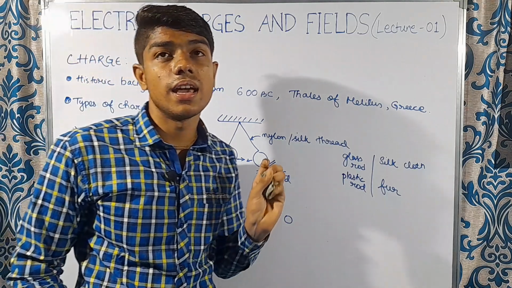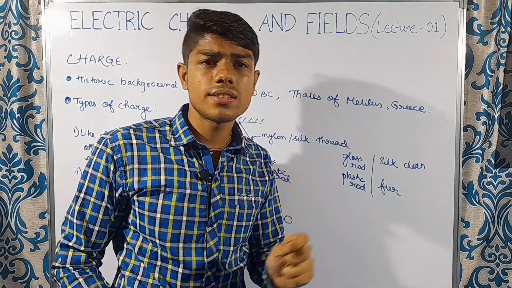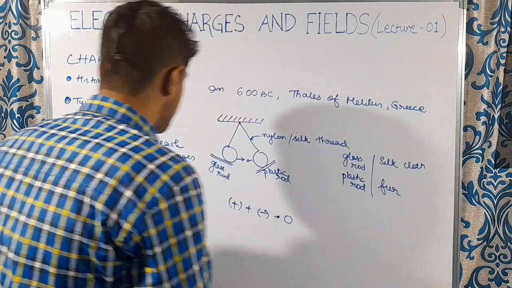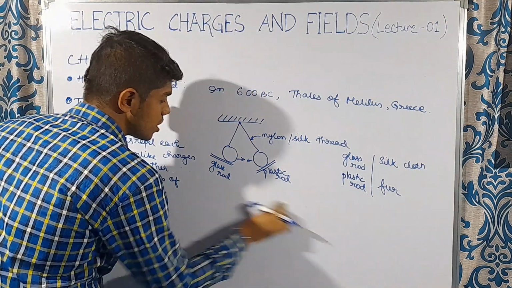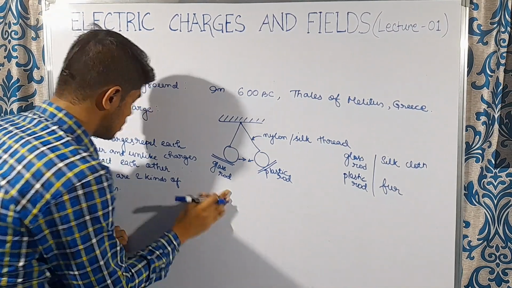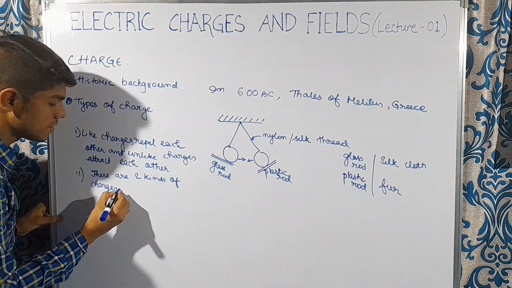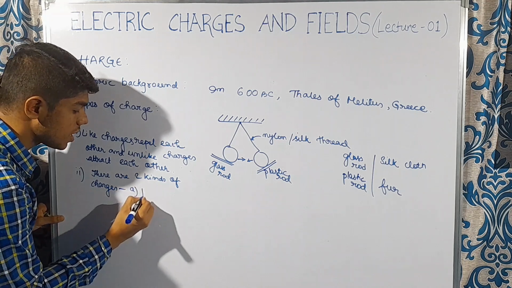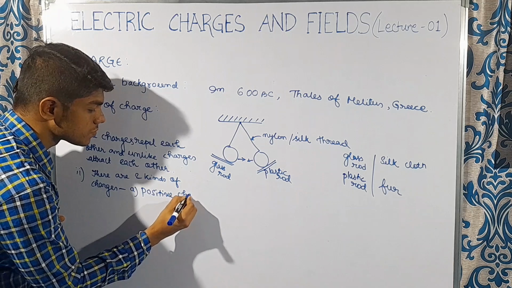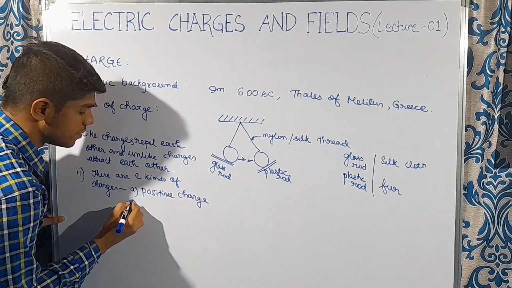Benjamin Franklin, an American scientist, named the two types of charges as positive charge and negative charge. Okay, now this might be the reason why he named the two types of charges as positive charge and negative charge.